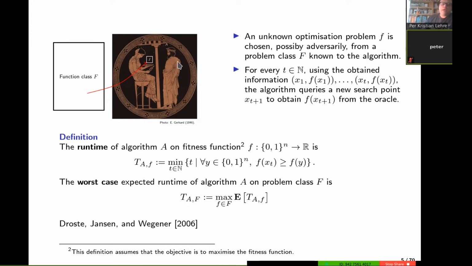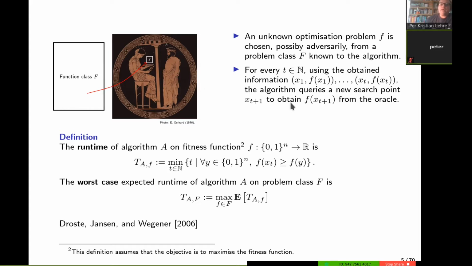So usually an evolutionary algorithm A is designed for some class of fitness functions f. However, when the algorithm optimizes a particular fitness function within this class, it doesn't use anything about the structure of the fitness function directly. Instead, it has what we call black box access to the fitness function.